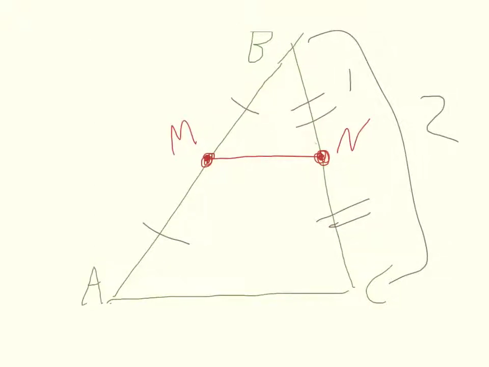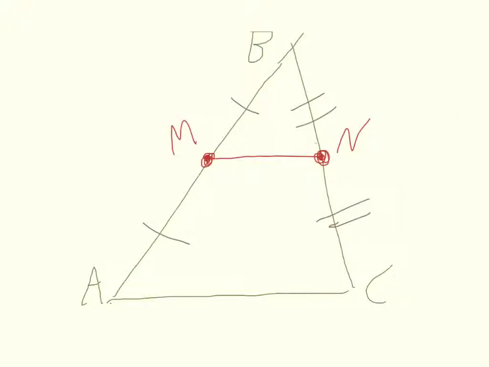So as a conclusion of what we've done so far, we proved that the proportion of BM to BA is 1 to 2, that the angle B is part of both triangles and therefore is equal to or congruent to itself, and that the proportion of BN to BC is also 1 over 2, showing that BMN and BAC are similar by the SAS similarity postulate.